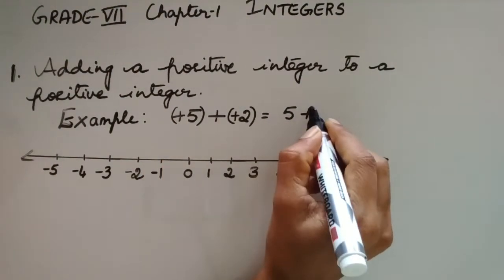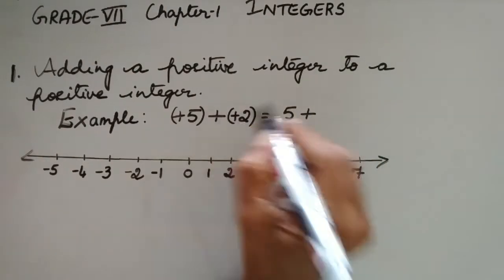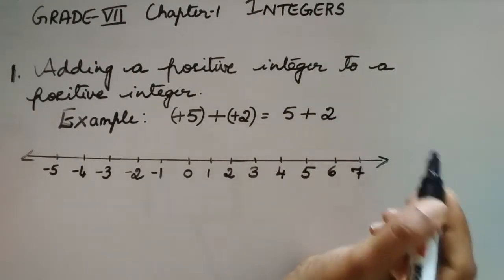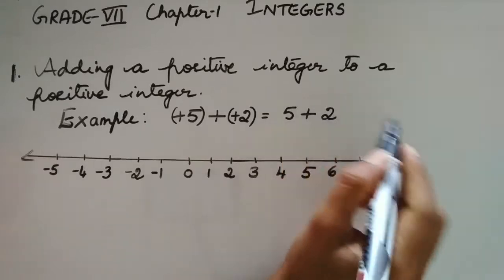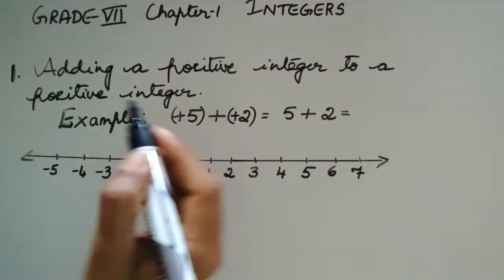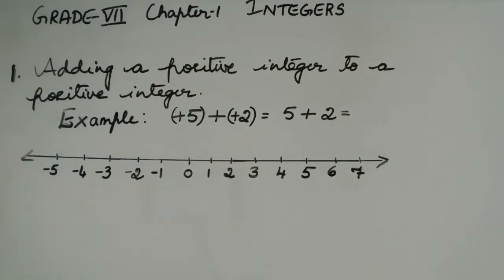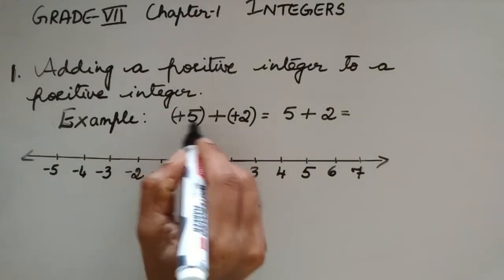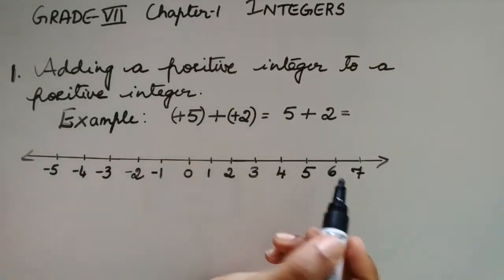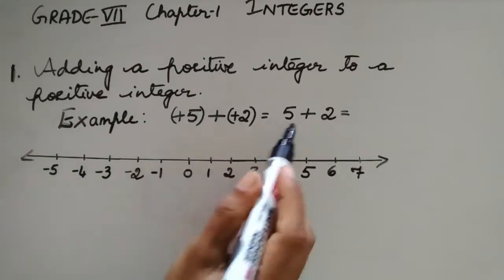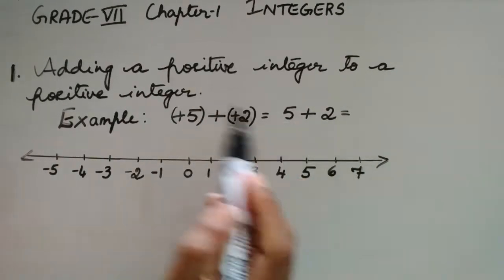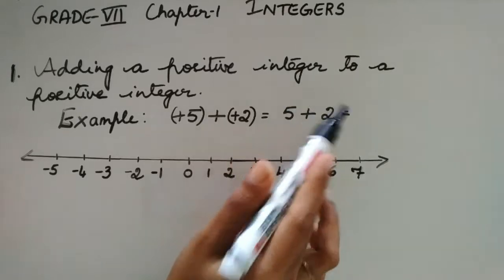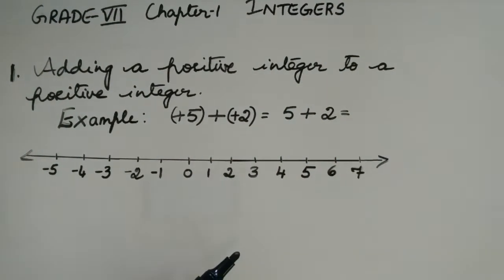Plus, this is adding. This one plus 2, I can write it as just 2. So now first let us go in this pattern, that is plus 5 plus 2. This is same as this one.